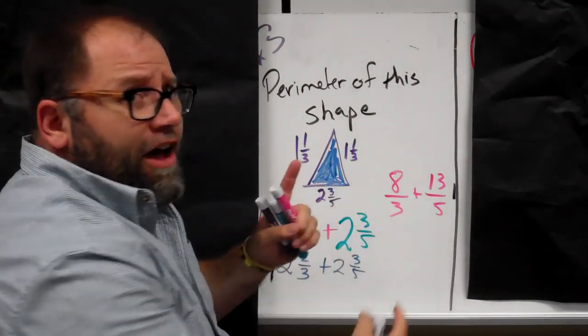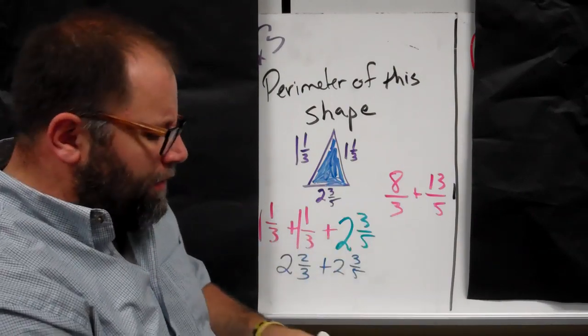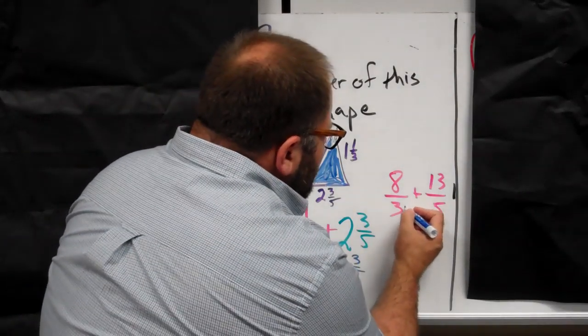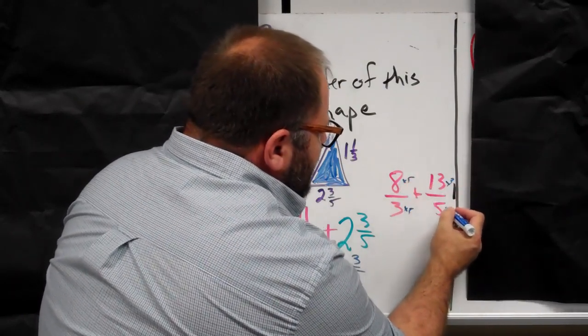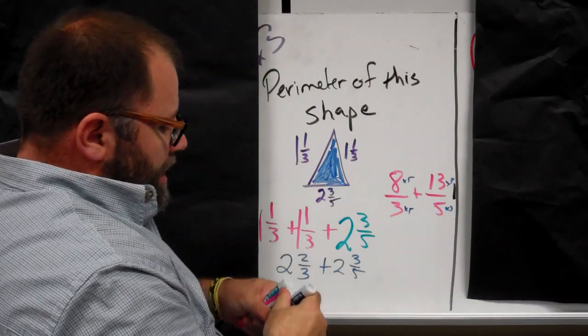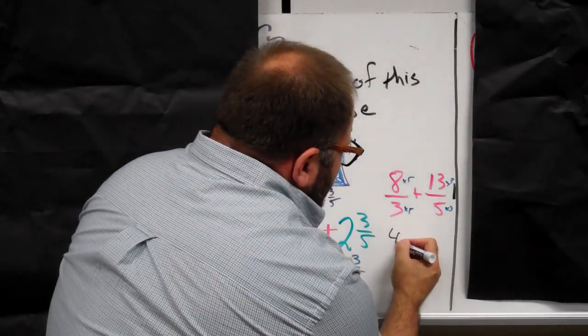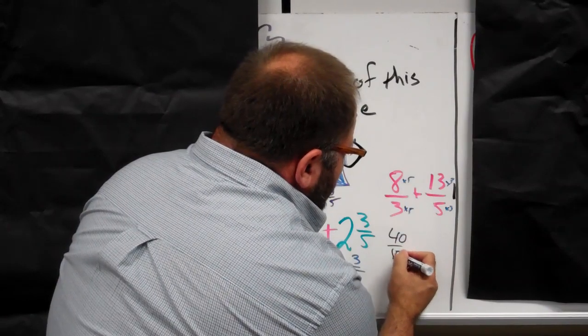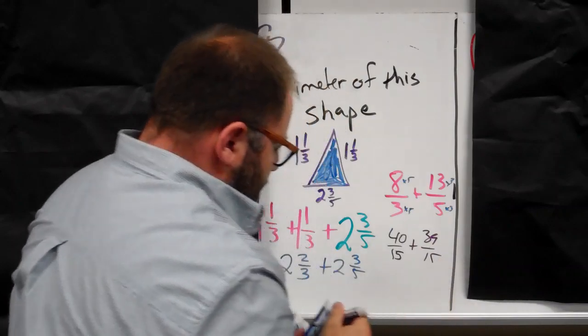When I look at 3 and 5, the lazy 7th grade student in me just says, multiply by the other one. So I'll multiply by 5 here and here, and by 3 here and here. So I have 40 over 15 plus 39 over 15.